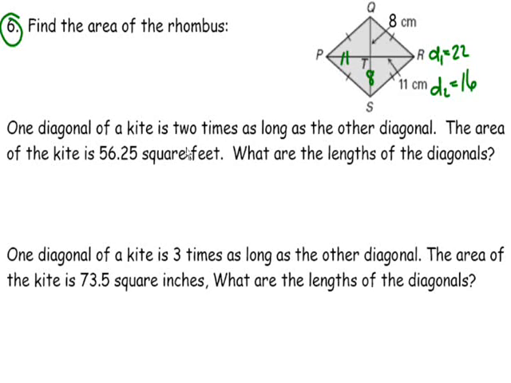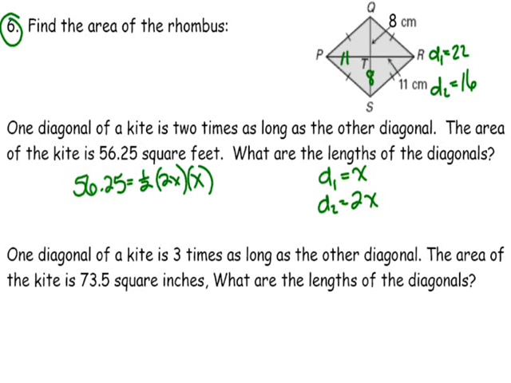All right, let's talk about this one. One diagonal of a kite is 2 times as long as the other diagonal. The area is 56.25. What are the lengths of the diagonals? Well, if we say that the length of diagonal 1 is x, then the length of diagonal 2 would be 2x. So my area is going to equal 1/2 of 2x times x, which means that when I simplify it, 1/2 times 2 is 1.